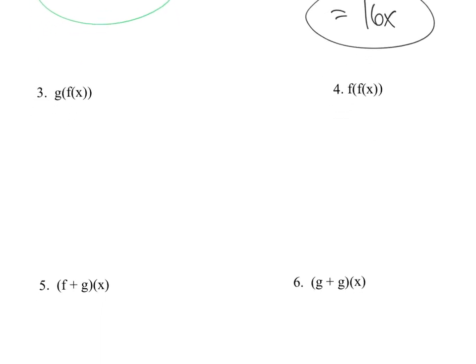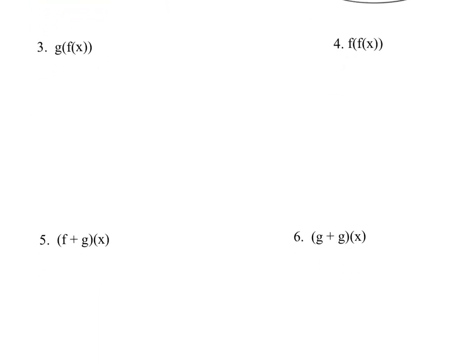Yeah? You guys are going to have to read me off the problems, okay? So, first one. What do I see first? G of x is 4x, right? What am I replacing this x with? Thank you. So 4 parentheses 3x minus 1.